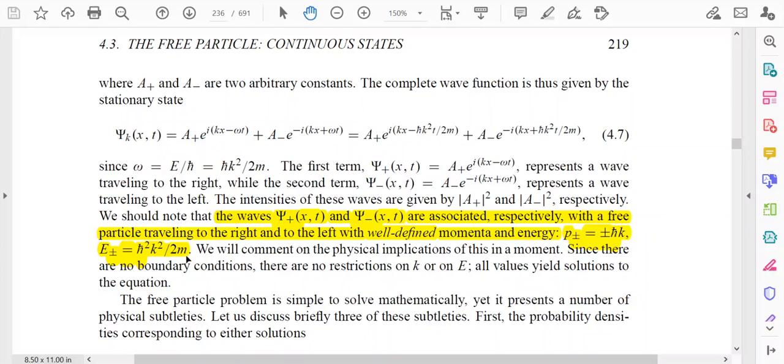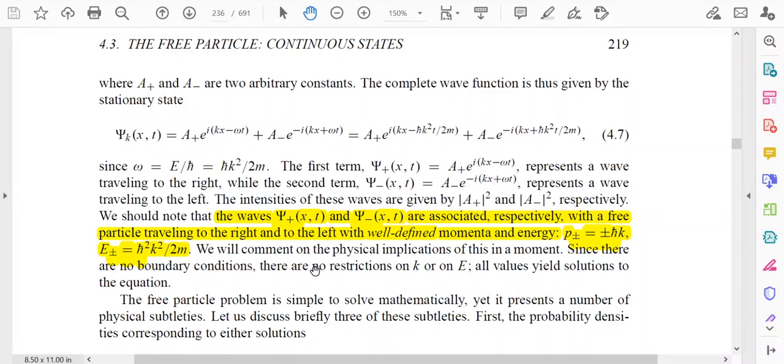Because we are solving the Schrodinger equation, we know there should be some well-defined momenta and energy. What is the value of the momenta? P should be h cut k and E should be p square by 2m or h cut square k square by 2m. These are the solutions of the Schrodinger equation.